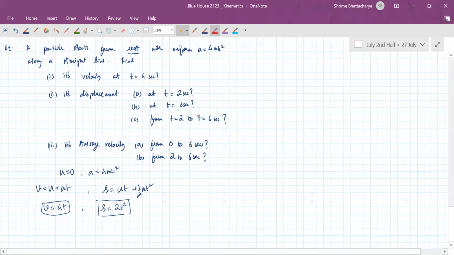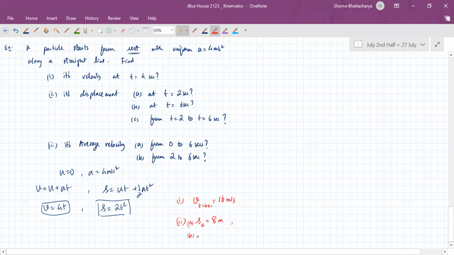The rest is just application. For the first part, V at t equal to 4 seconds is just 16 meters per second. For the second part, the displacement at 2 seconds will become 8 meters. That's the A part.